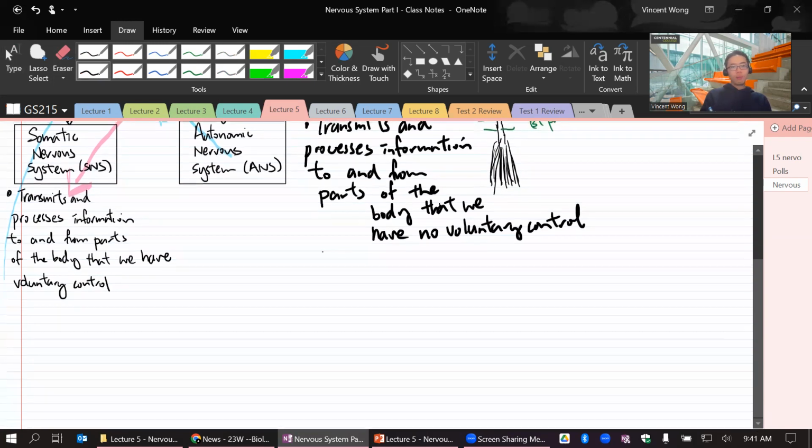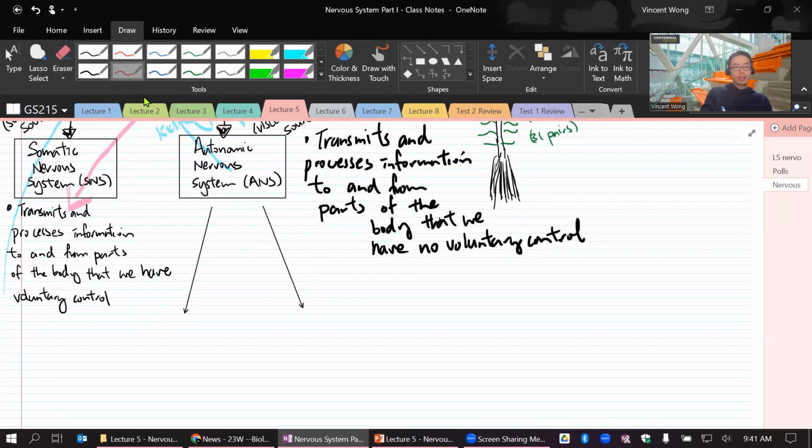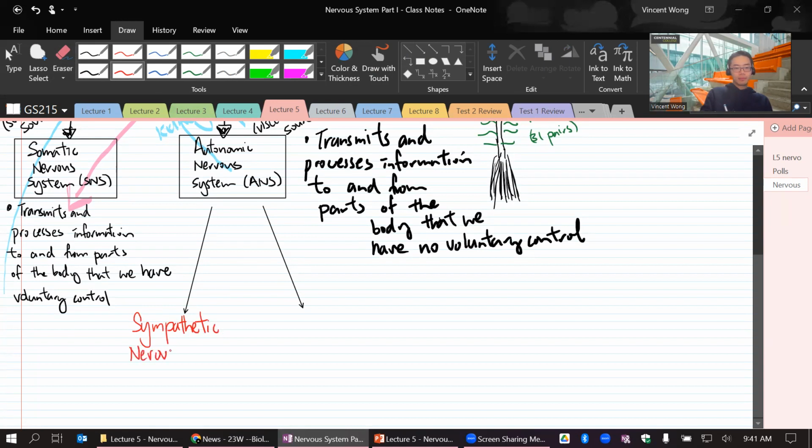Okay, just one more. The ANS has an additional 2 subdivisions. We have the sympathetic nervous system, and we have the parasympathetic nervous system.